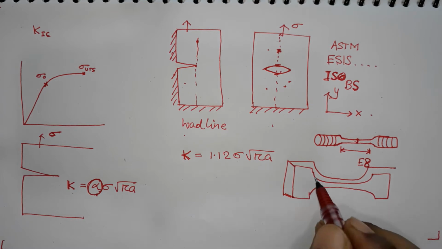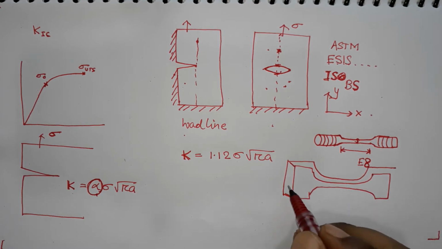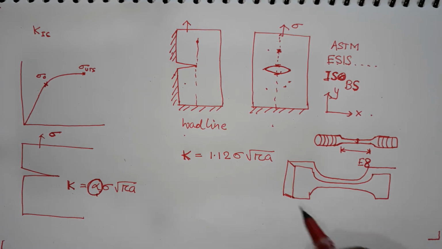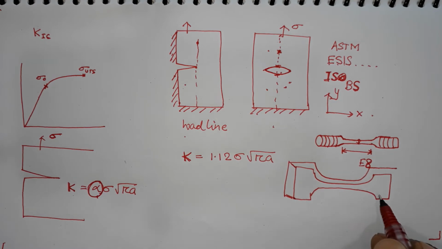Okay. So, this will be a rectangular bar where you make this kind of geometry, and then you fix the end by pin or by friction. So, you plug it in the grips. So, round and rectangular specimens are standard specimens.